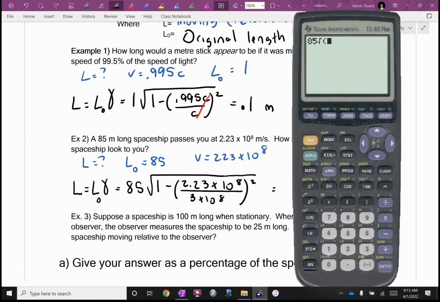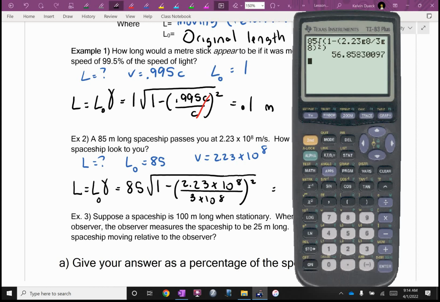If I don't put times, and just put the square root, it assumes it's times. 1 minus, open another mini bracket, 2.23, scientific notation button 8, divided by 3, scientific notation button 8. Close off the mini bracket, squared, close off the square root. And if you've typed it in right, you'll get 56.9 if I round off properly.